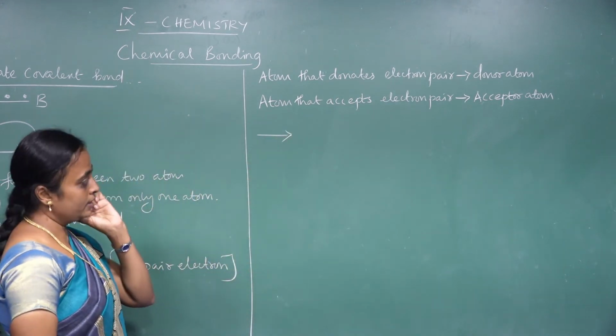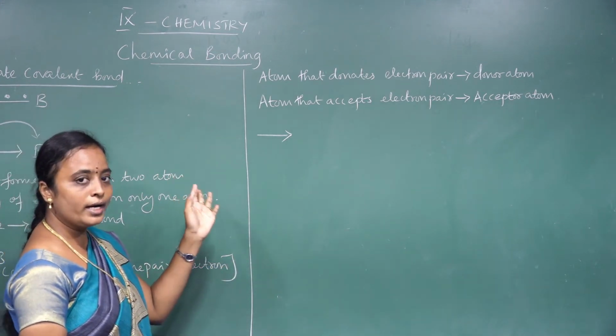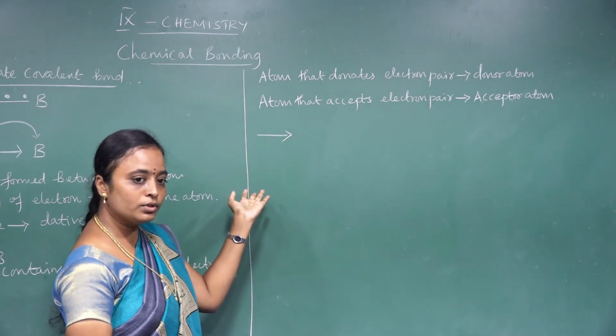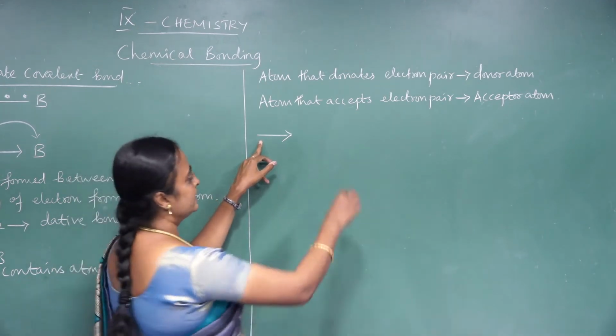Okay, it donates. There is a passage of electrons from one atom to another atom, that is, from one part to another part. So this is called a coordinate covalent bond symbol.